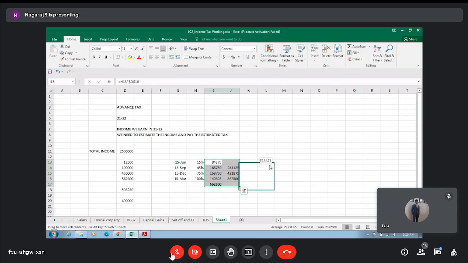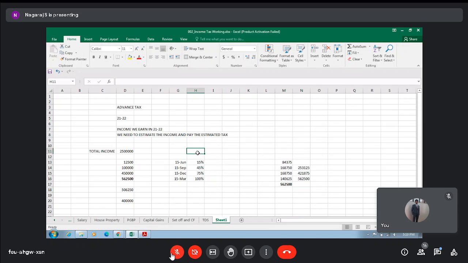Interest under section 234C. Assume, for our understanding, my advance tax liability is 5,62,500 only.